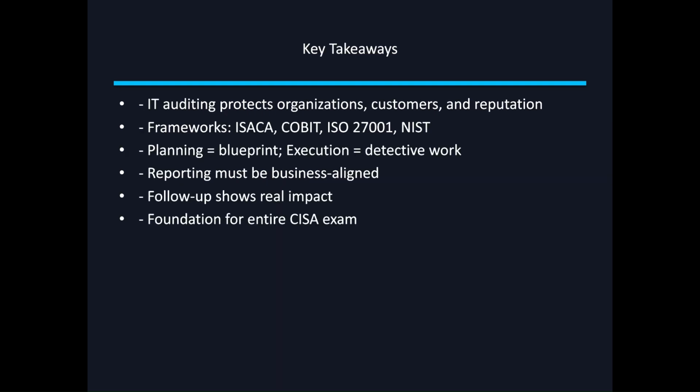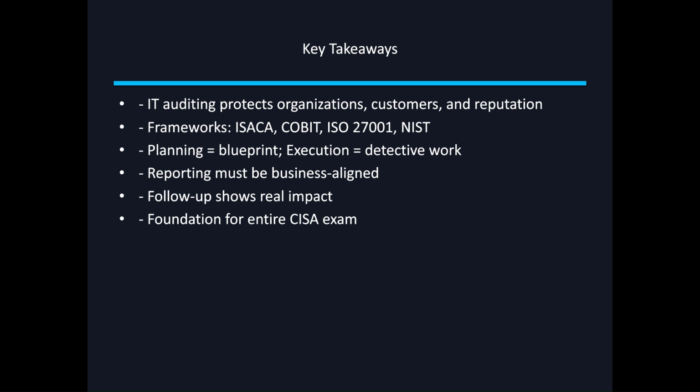Then these are some of the key takeaways. IT audit always tries to protect organizations, customers, and reputation. Again, IT audit should enable the business objectives. It's not a separate function.